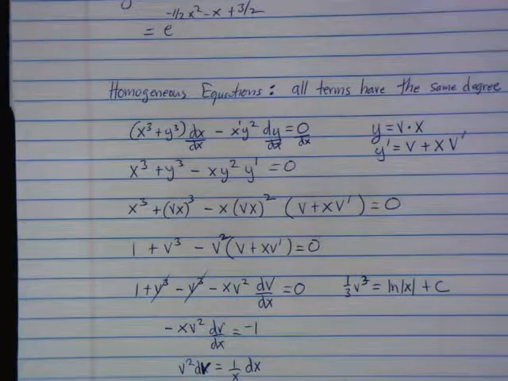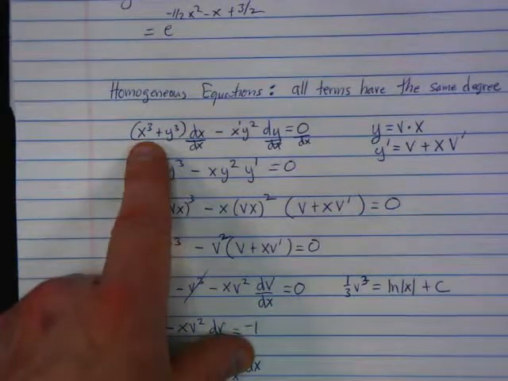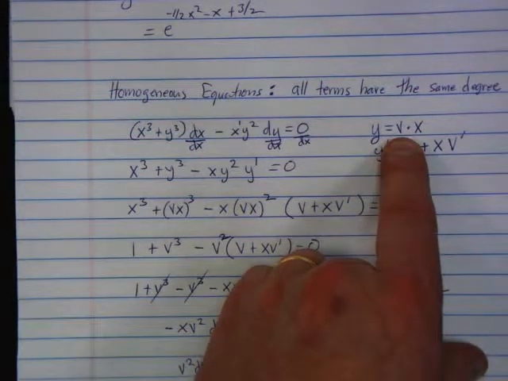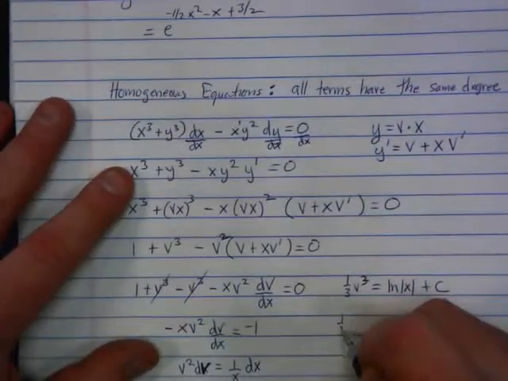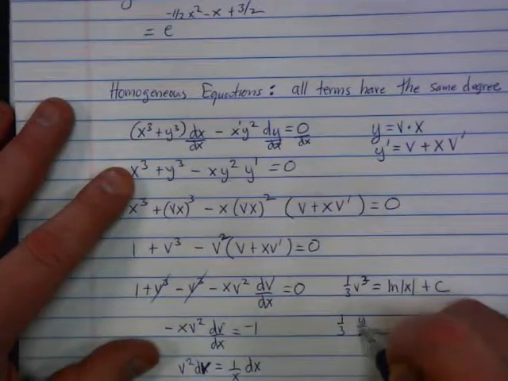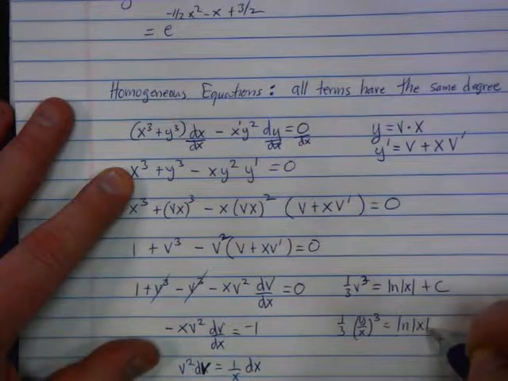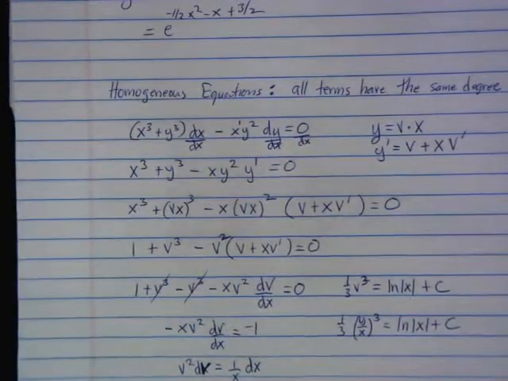I'm almost done. The last thing I need to do, my original equation started with x's and y's. So my final answer should end with x's and y's. So v is y over x. So I'm going to write this as 1/3 (y over x) cubed equals ln absolute value of x plus c.